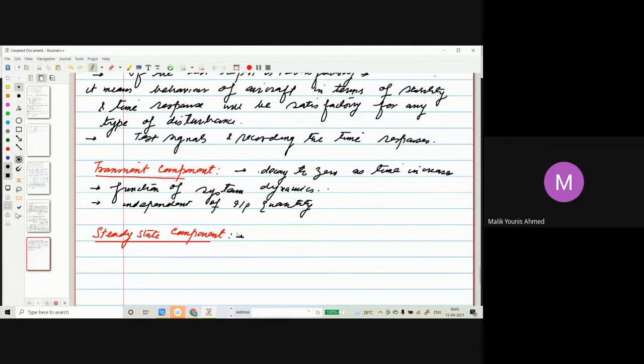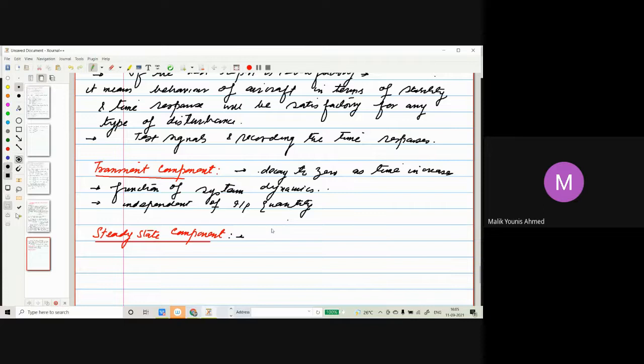This component of system response, you already know this, will remain there after the transient component dies out or decays. Once the transient component decays, whatever component remains is the steady state component. But the important thing in this case is it's a function of both: it's a function of system dynamics as well as the input quantity.